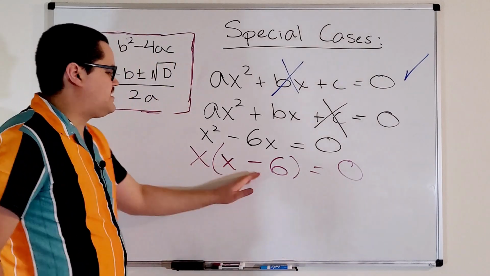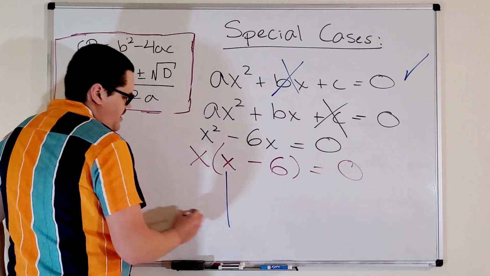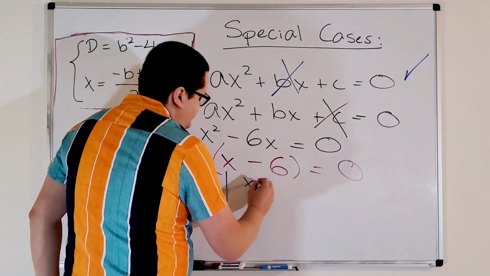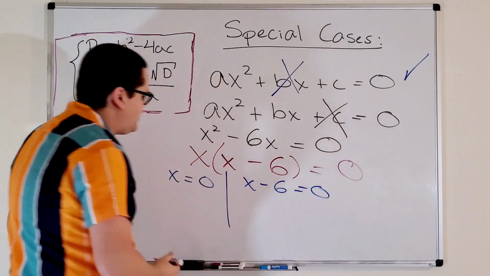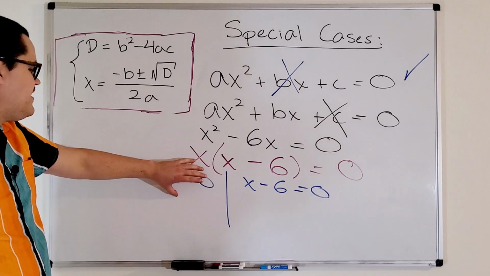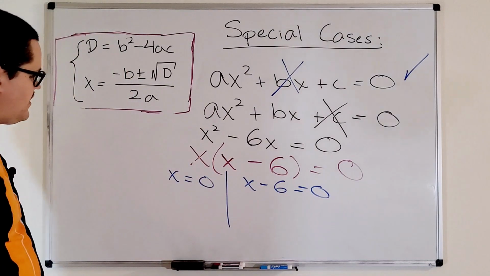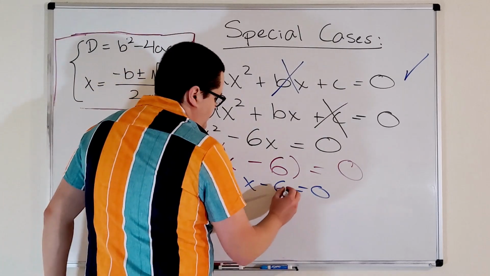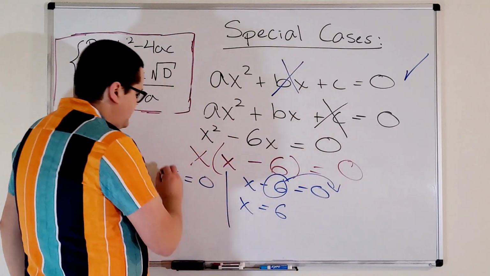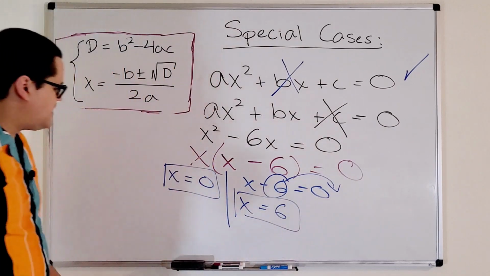Now this times this is 0, which means either the first factor is 0, so either x is 0 or x minus 6 equals 0. So another common mistake is that people forget this first factor. So you have to set both of them equal to 0. So if x minus 6 is 0, we can move the negative 6 over, it becomes positive, x is 6. So our two solutions are 0 and positive 6.